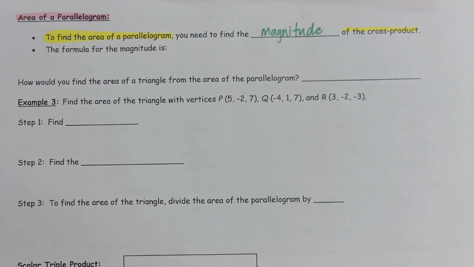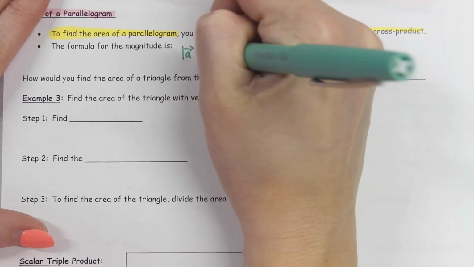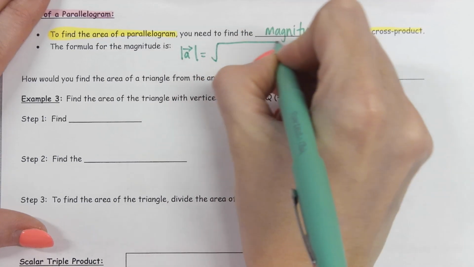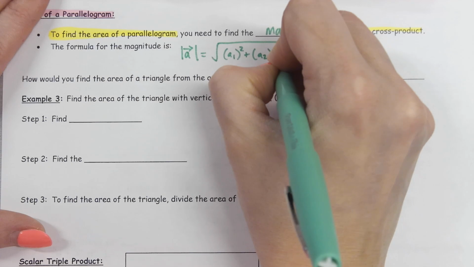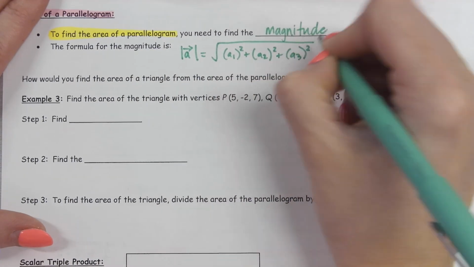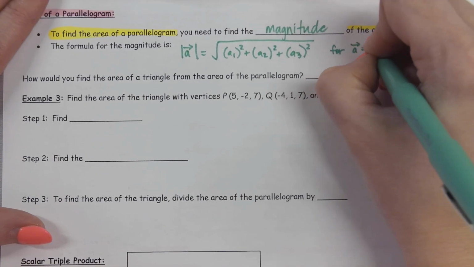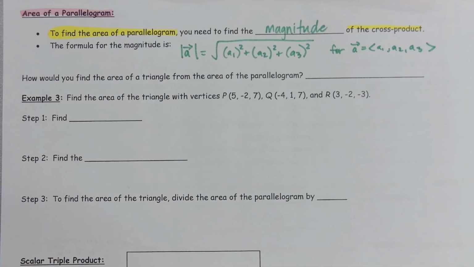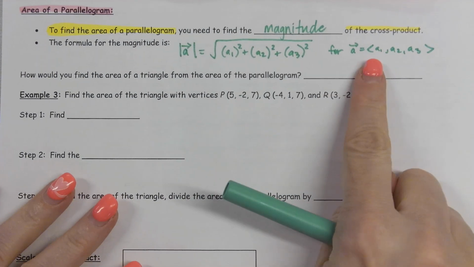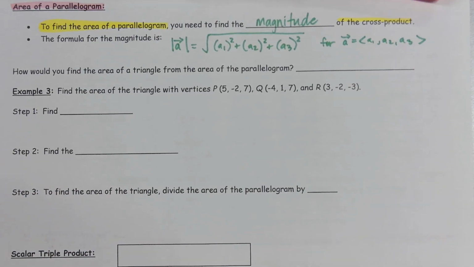Okay, and then remember your formula for magnitude for a given vector A. You can take the components, a sub 1, a sub 2, a sub 3, and square them. So the first component squared, the second component squared, the third component squared.